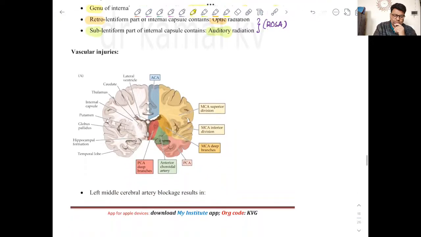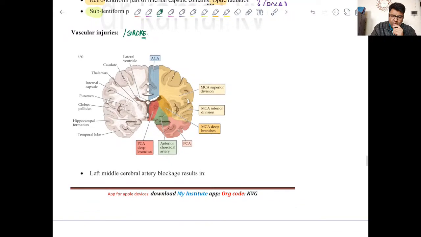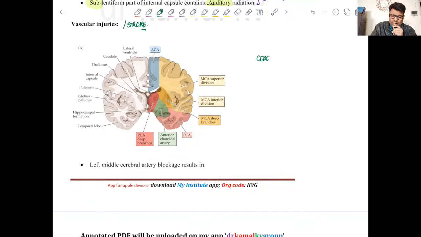Then moving forward to vascular injuries, which is actually stroke. It can be hemorrhagic or embolic. Now the brain as such is supplied by three cerebral arteries: anterior, middle, and posterior. Clear?